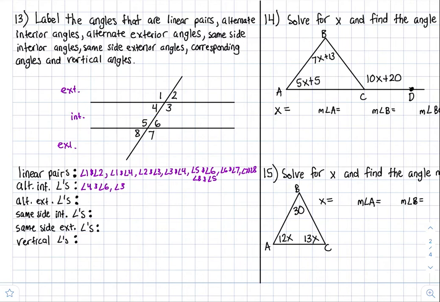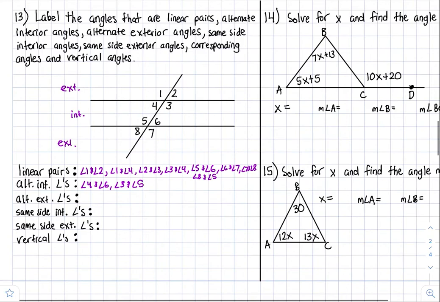So, angle 3 and angle 5. Those are all our interior angles. And remember, alternate interior angles are congruent when you have parallel lines. I'll just say that they're supplementary. That's even better.